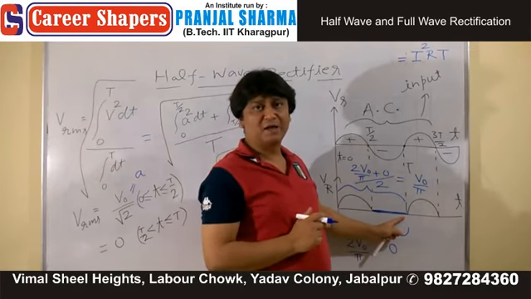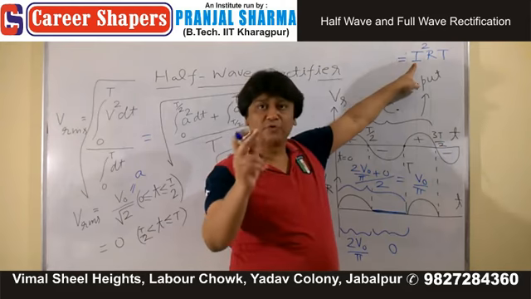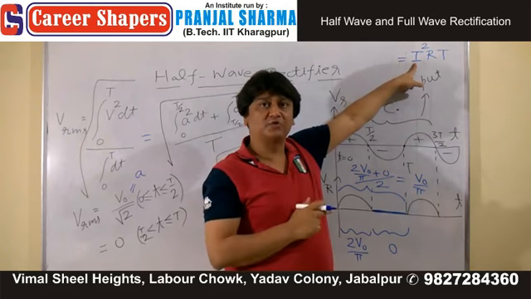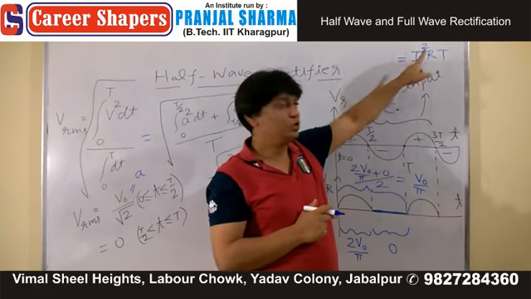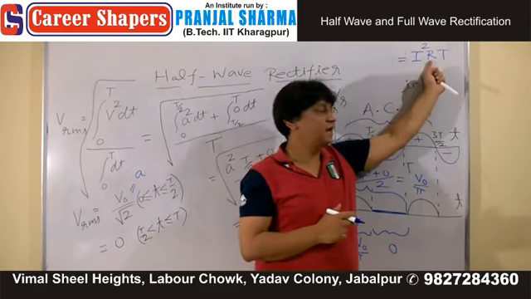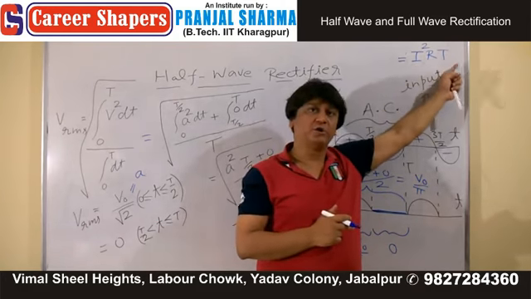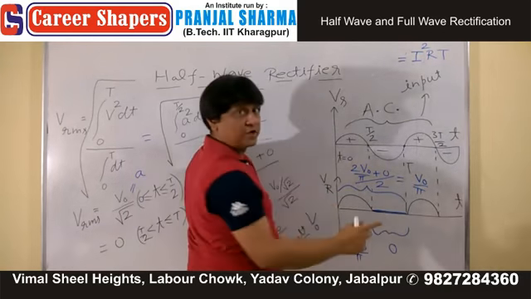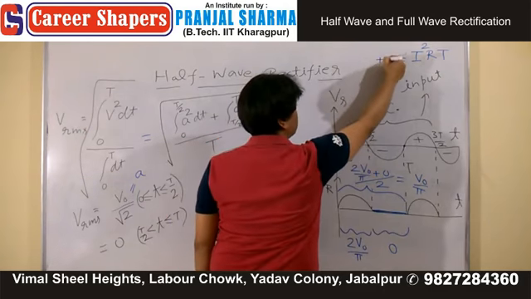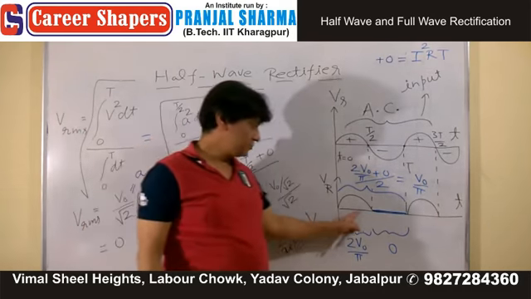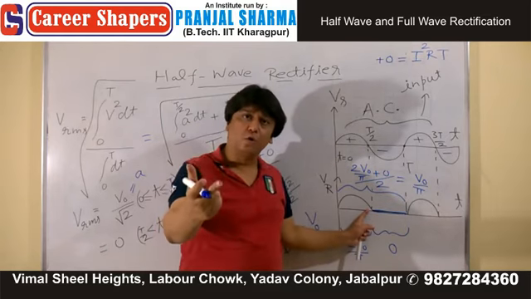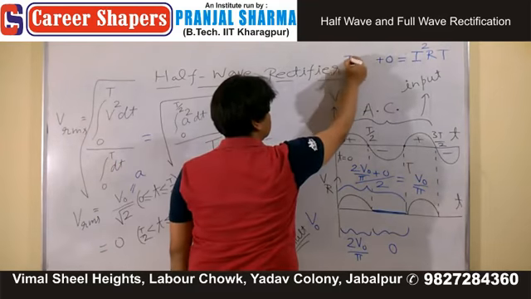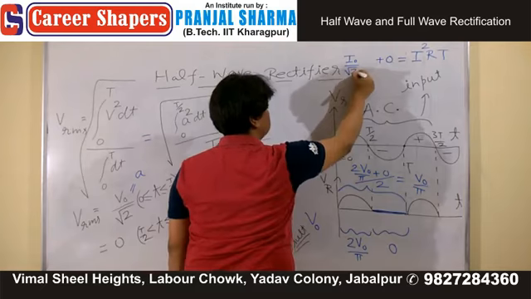If RMS value is I, something we are interested in, then that RMS value represents a DC which will produce this much heat in a resistance R in time duration T. For this portion, there is no current, there is no heat. For this portion, we already know the alternating RMS current, which is I0 upon root 2.